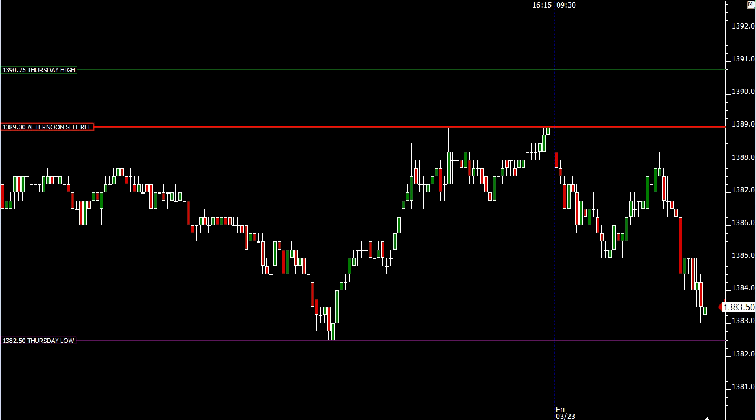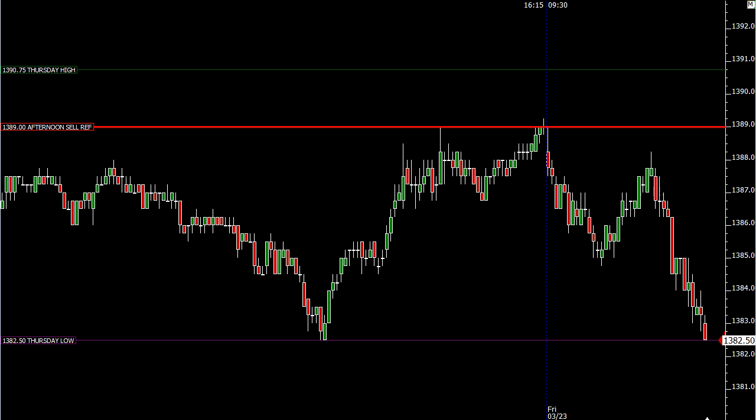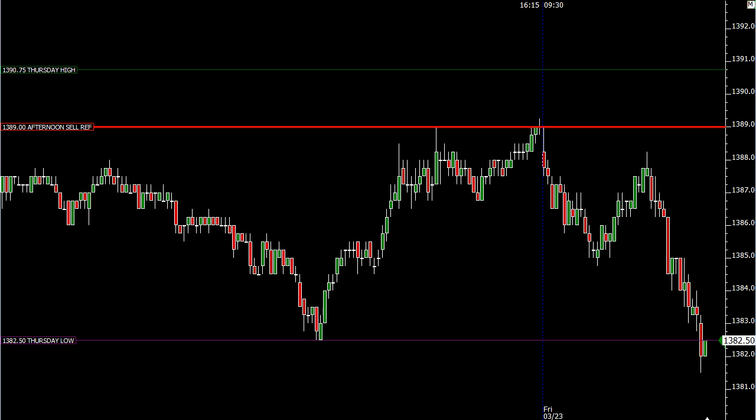And we come down, and we come down. And actually it was quite a good sell-off. This really was quite obvious in real time how strong it was, and actually broke that low from Thursday.